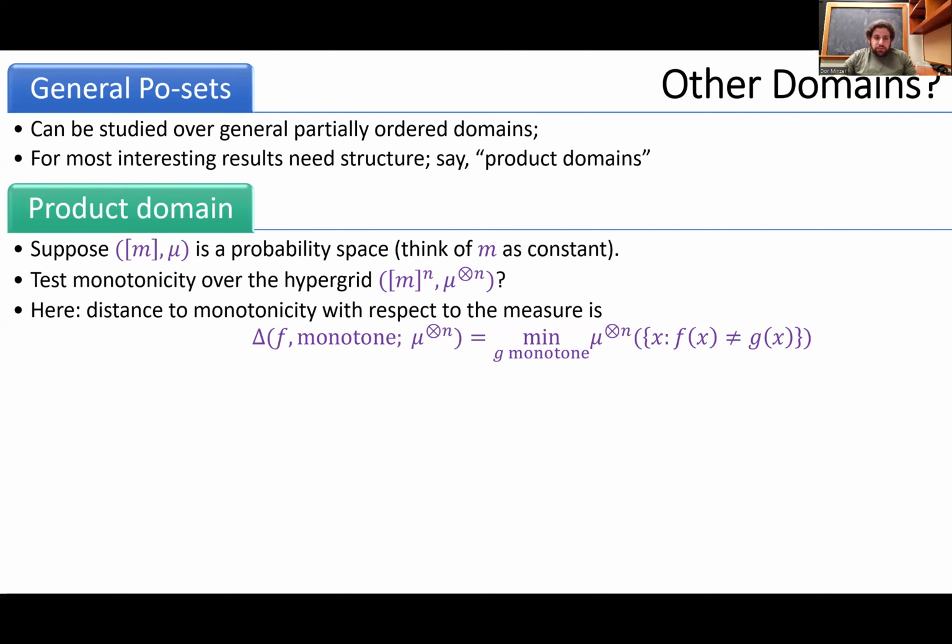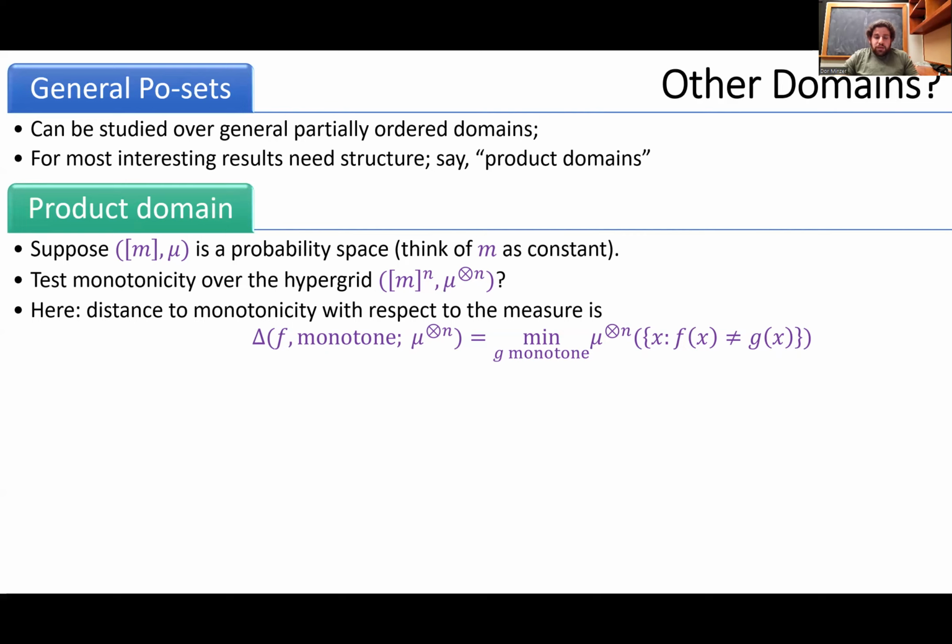And once you have this, you can tensorize this space in order to get m to the n equipped with the product measure mu to the n. And then you can discuss monotonicity testing over this product domain. So you have the partial ordering induced by the basic partial ordering. You have the notion of monotonicity, and the only thing that you need to define is the notion of distance from monotonicity, and this is defined on the slide.